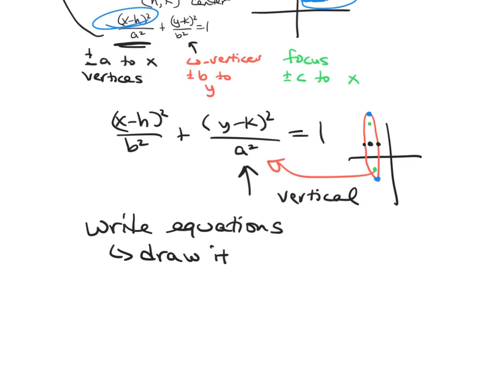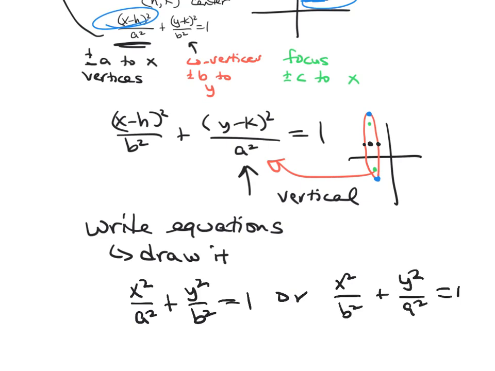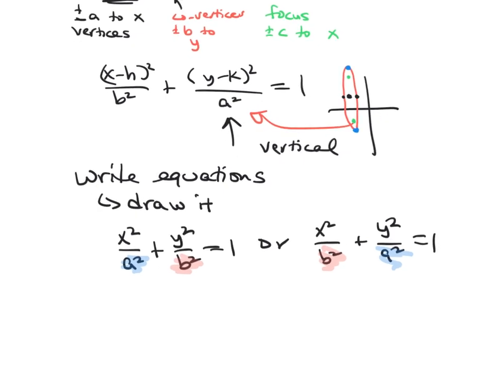If it's just these two forms, the x squared over a squared plus y squared over b squared, or this one, x squared over b squared plus y squared over a squared, the only thing you're filling in is a squared and b squared. So again, that's what you're trying to find. Now you may be given the focus, and then you would have to use this formula, c squared equals a squared minus b squared. But again, the only thing you're trying to find out are these two numbers to fill in, the b squared and the a squared.